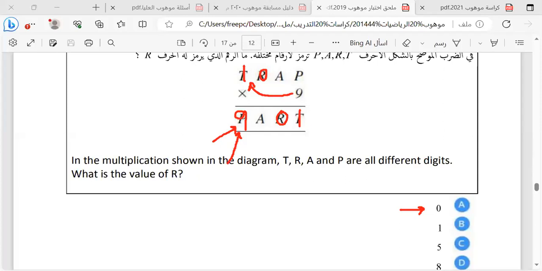Only 9 times 8 is 72, plus 8 is 80. So A is 8. Then R equals 0. I don't understand. I understand until we do 9 multiplied by P, which is 9, it will be 81. Then we put with the T, it will be 1.